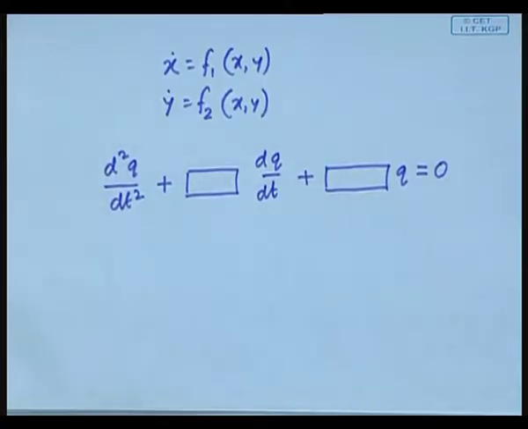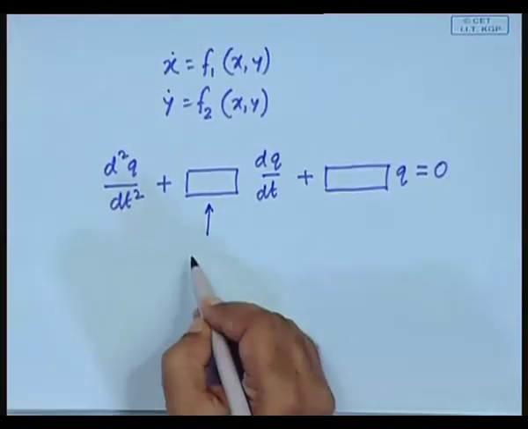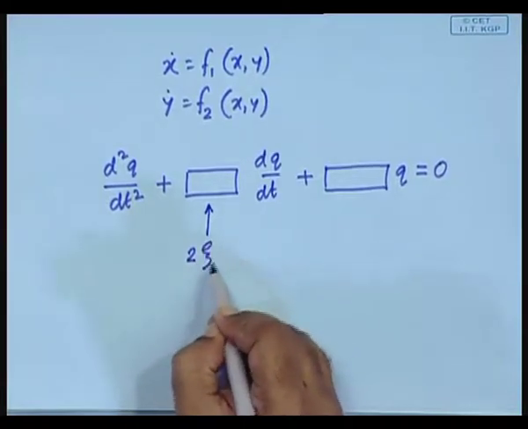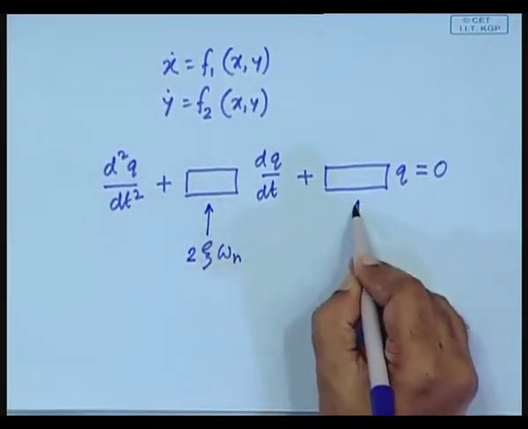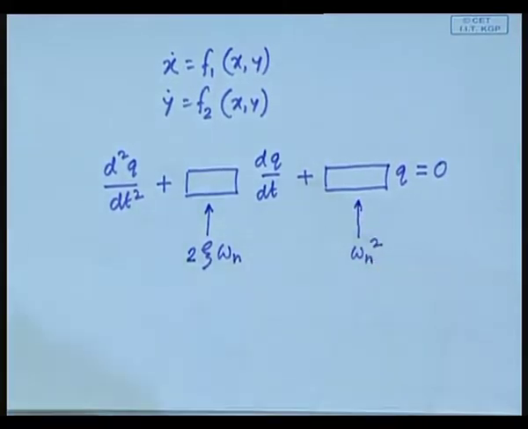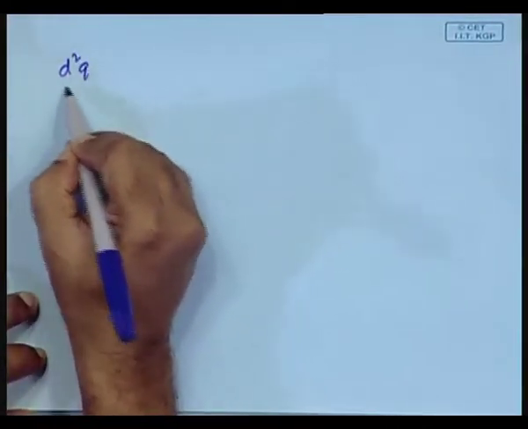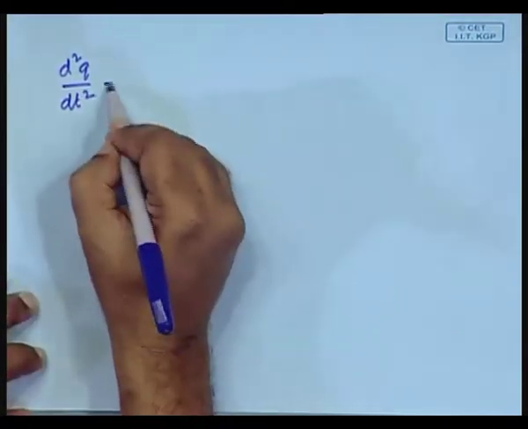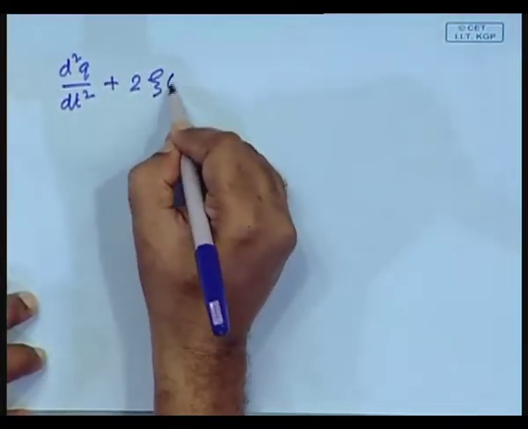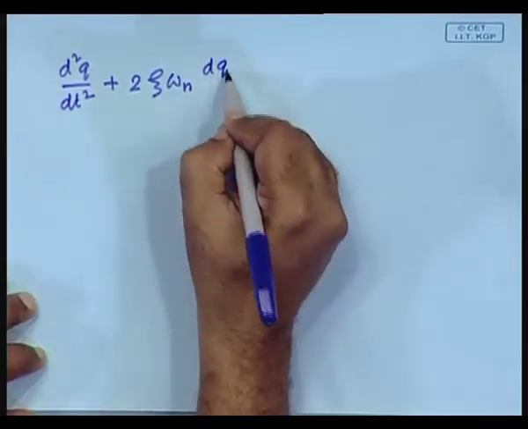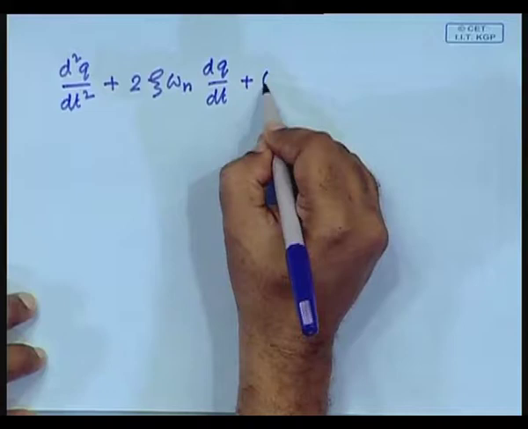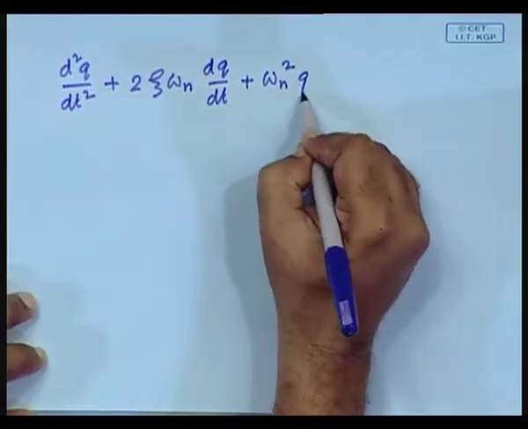Now, in considering that question, it has become customary to express this term as twice zeta omega n and this term as omega n square. Why? I will come to that. So the equation becomes d2q/dt2 plus twice zeta omega n dq/dt plus omega n square q is equal to 0.